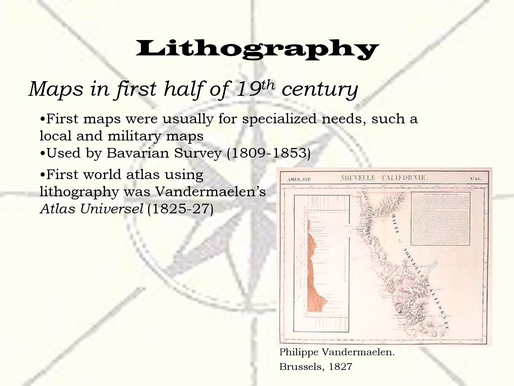There were a number of lithograph maps made about 1808 during the Napoleonic Wars, and then the Bavarian Survey used lithograph maps from about 1809 to 1853. Interestingly, the survey actually hired Senfelder as its superintendent of lithographic printing in 1809. The first world atlas made using lithography was van der Melen's Atlas Universal from 1825 to 1827.